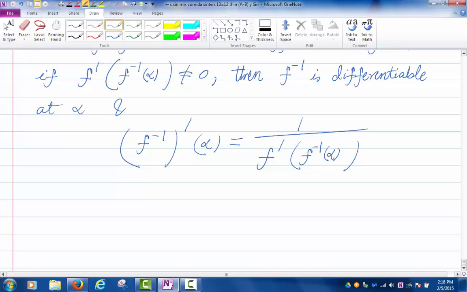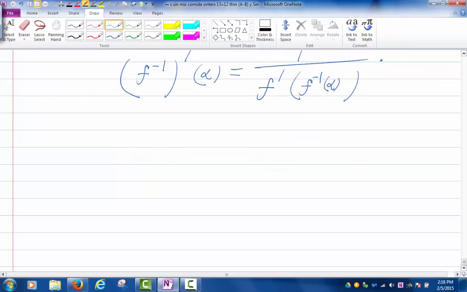Okay, stare at this formula, and you see why we needed the condition that the derivative of f does not vanish at f inverse of alpha, because otherwise you're going to have the denominator is 0. Okay, so that's the formula for the derivative of f inverse in terms of the derivative of f.